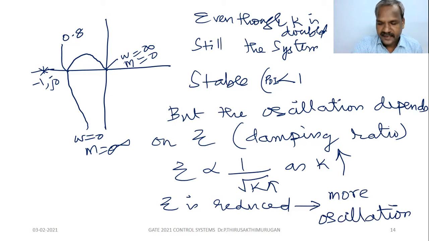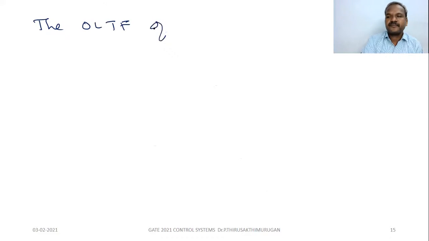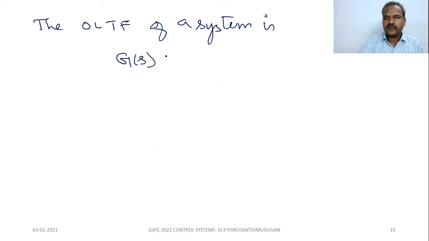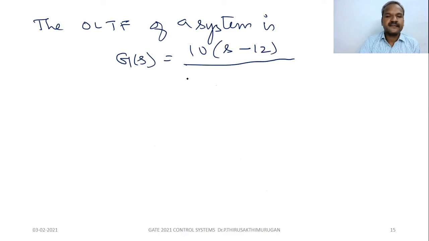Okay. Next, say the open loop transfer function of a system is given by G of s equal to 10 into (s minus 12) divided by s into (s plus 2)(s plus 3).